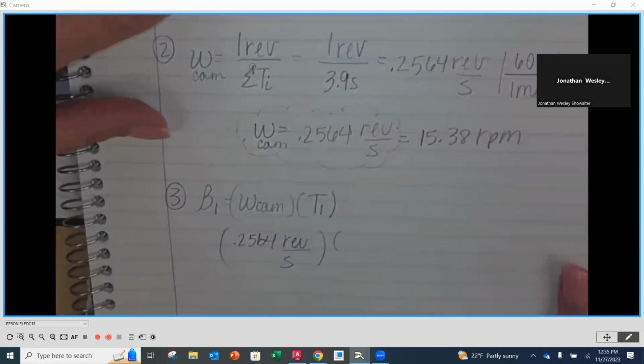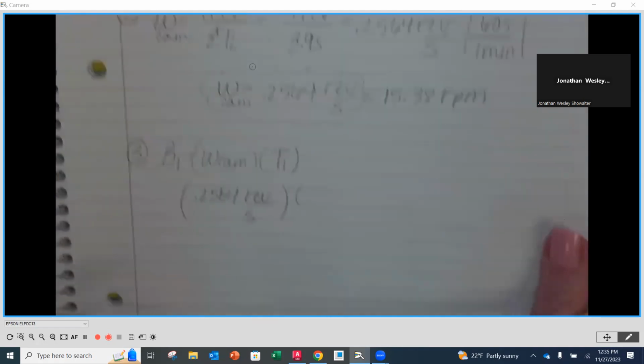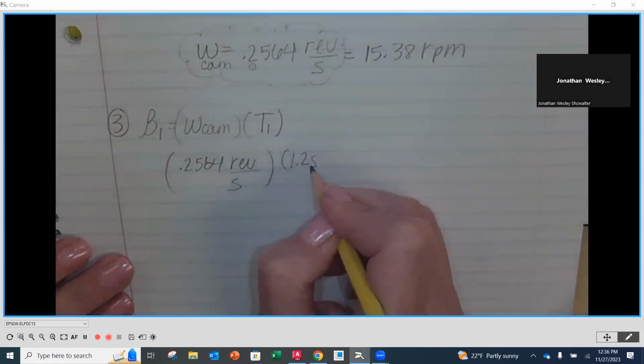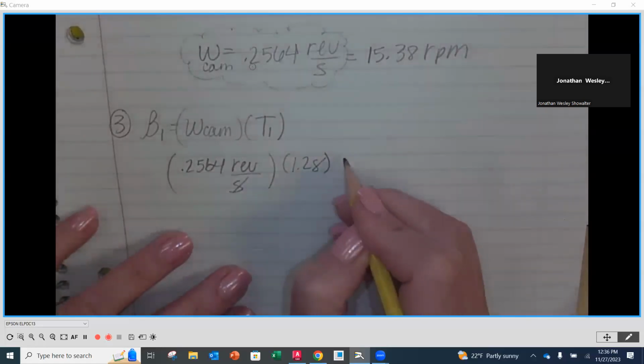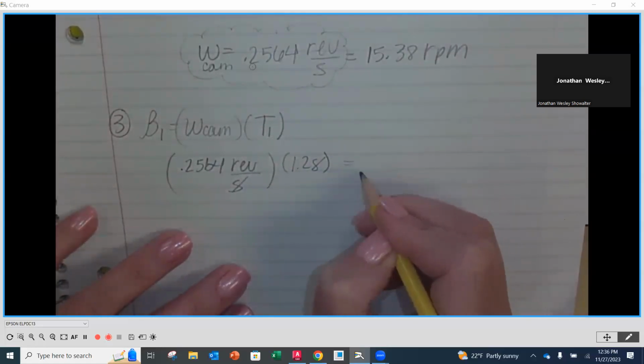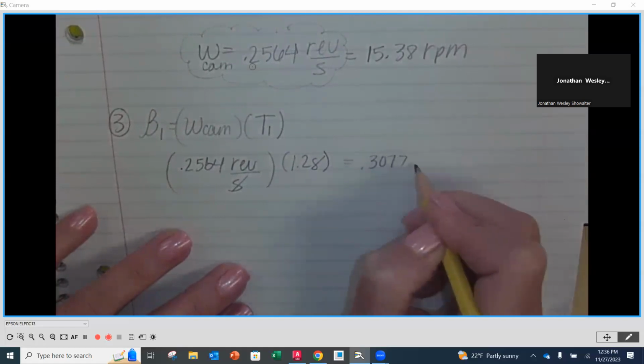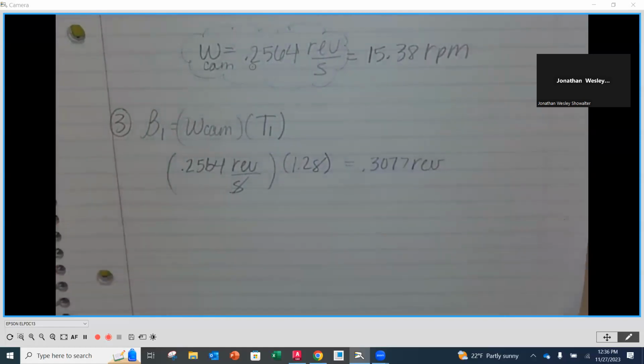If we go back up to our time, T1 was 1.2 seconds. Seconds cancel. So when I take that number, 0.2564, and multiply it by 1.2, my beta is going to be equal to 0.307, but it's revolutions.